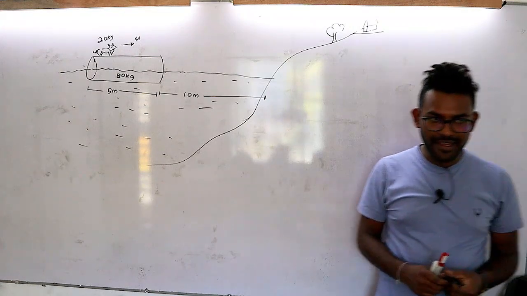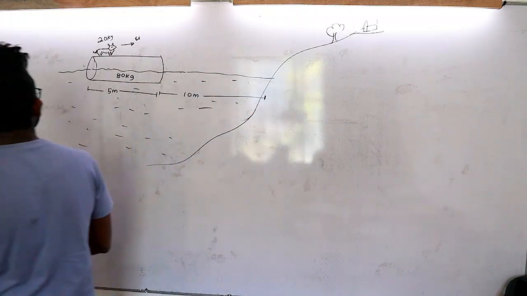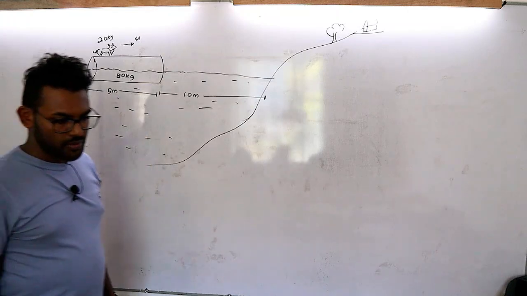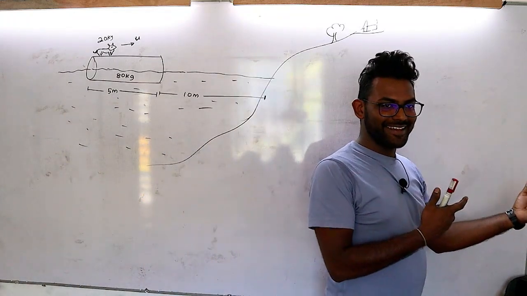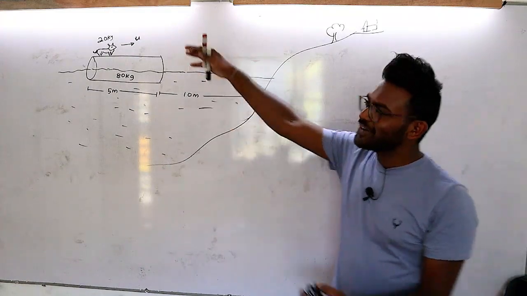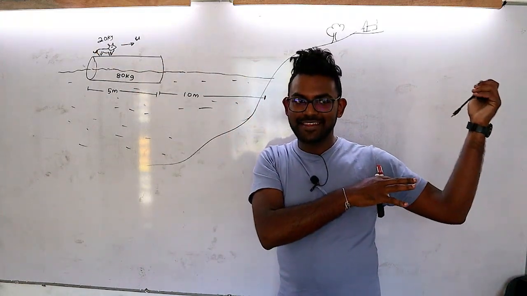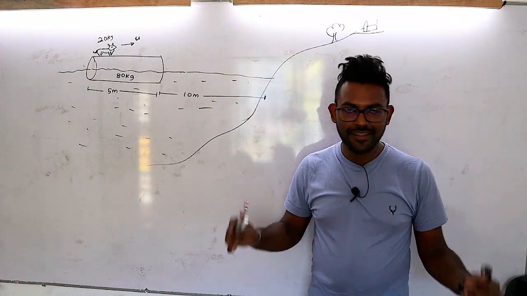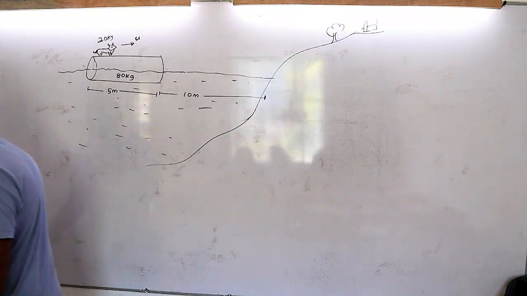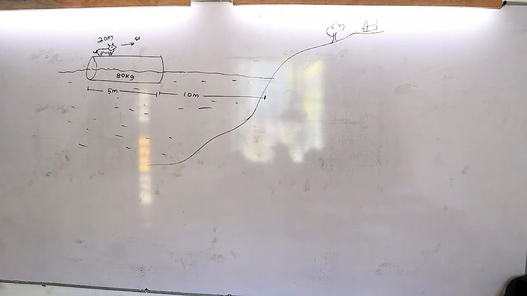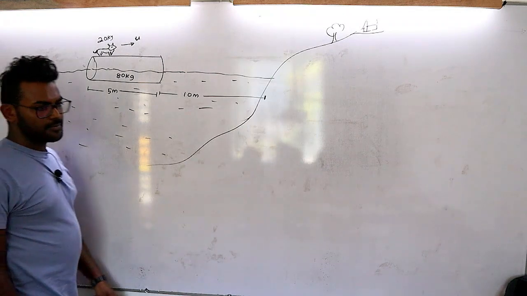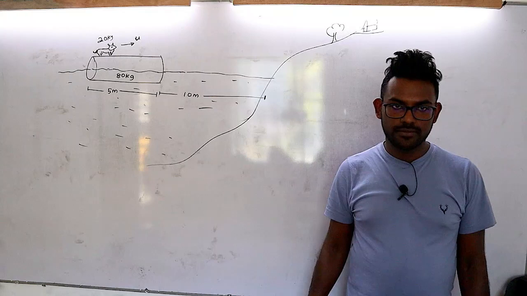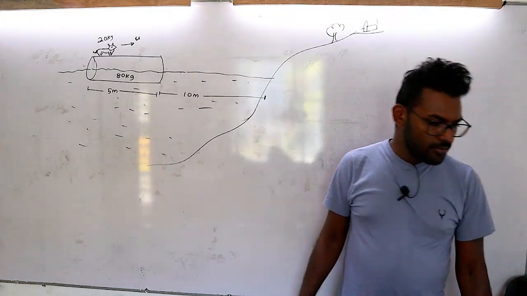Let me repeat the question once again. When the dog starts to move with a velocity u towards the land on the log, find the velocity with which the log moves backwards.